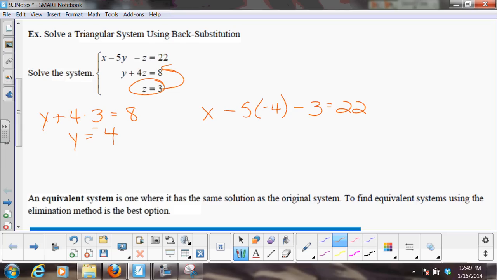And then here we get x plus 17 is 22. X is 5, so the answer is 5, -4, 3. In whatever order they put it in, usually 95% of the time it's going to be x, y, z.